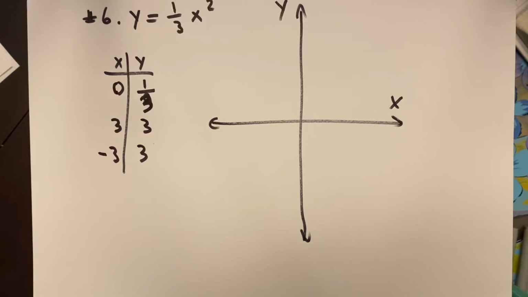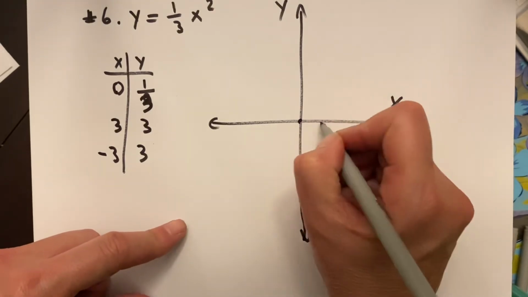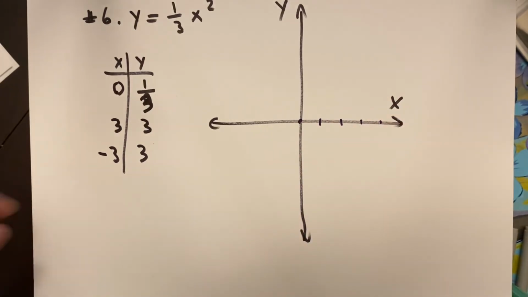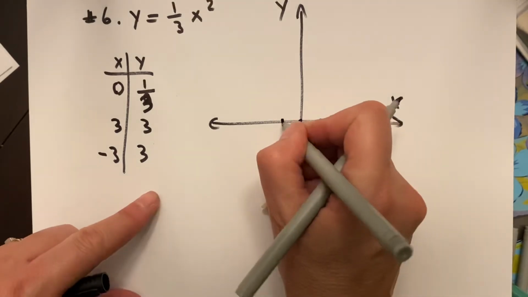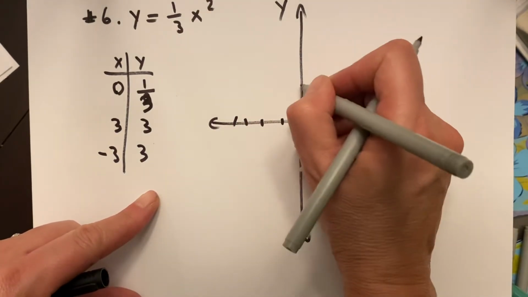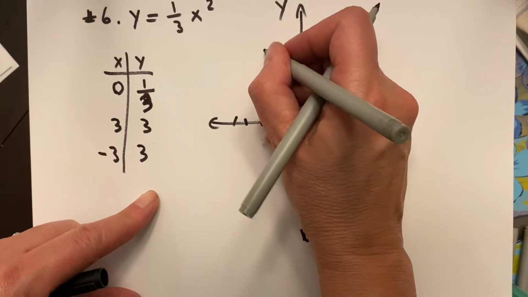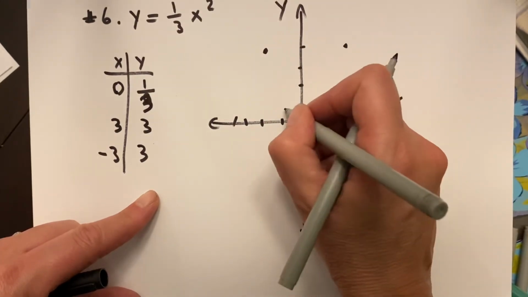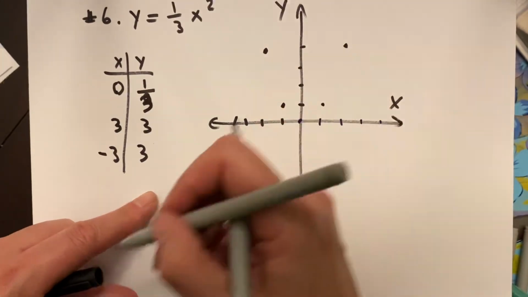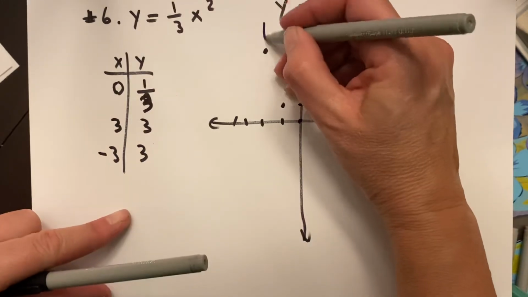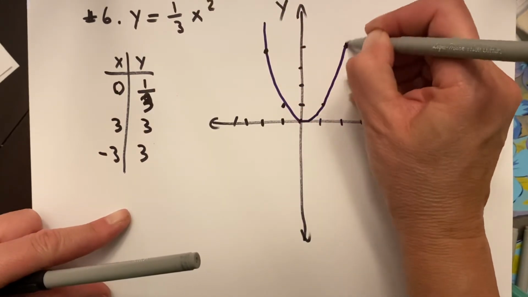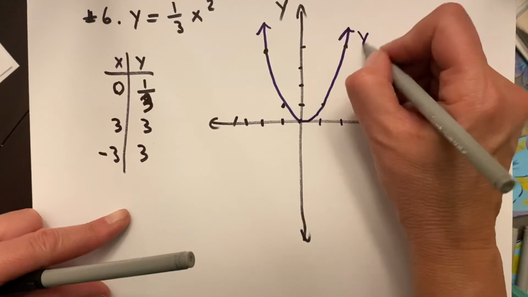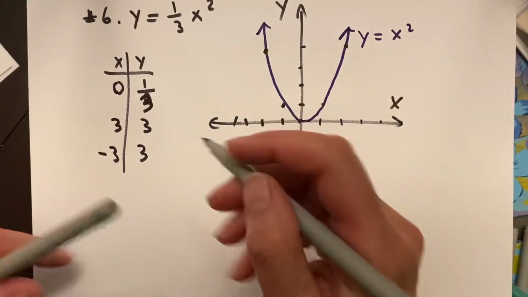So I'm going to draw my parent function in again. This is y equals x squared again.